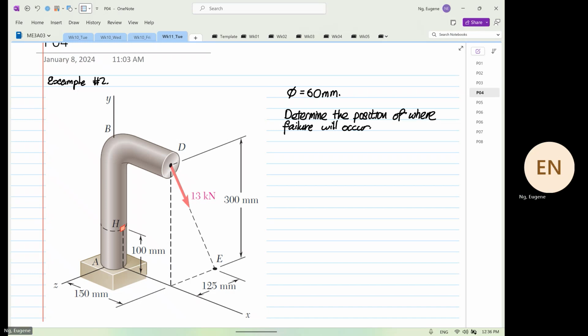Okay. So this is like an actual engineering problem that you will get. Okay. Determine the position where failure will occur.